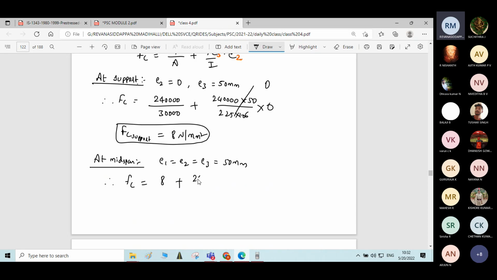P is 240,000 into E3 is 50 divided by I is 225 into 10 power 6 into E2 is 50. Both are plus. If you calculate FC, you will get 10.67 Newton per mm square. That is FC at midspan.